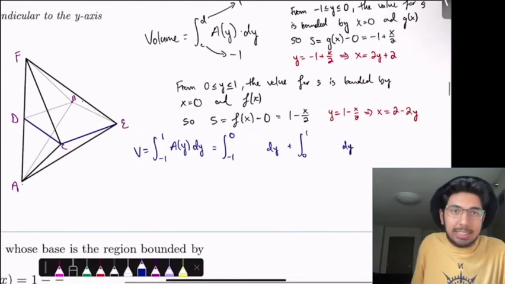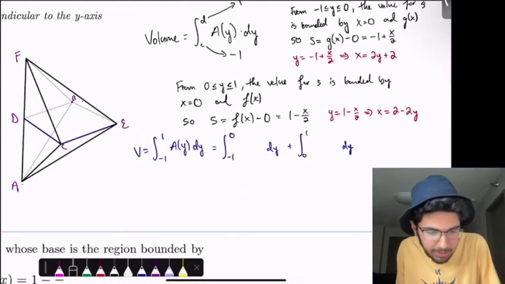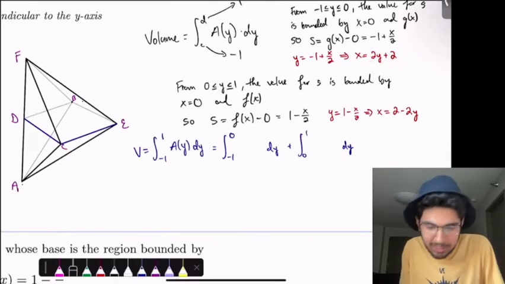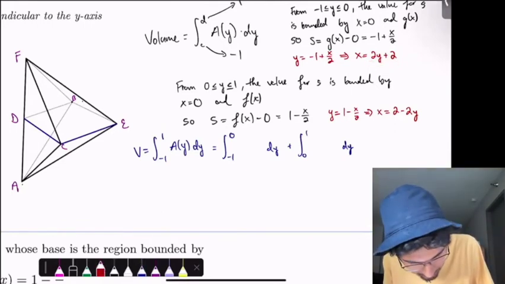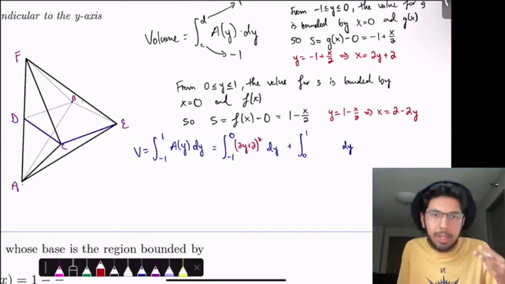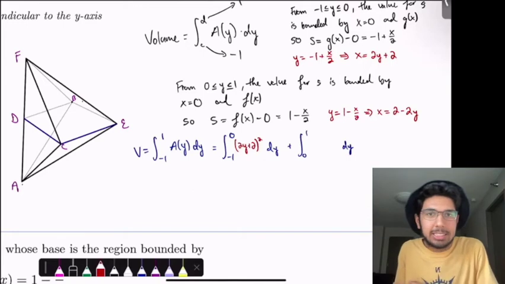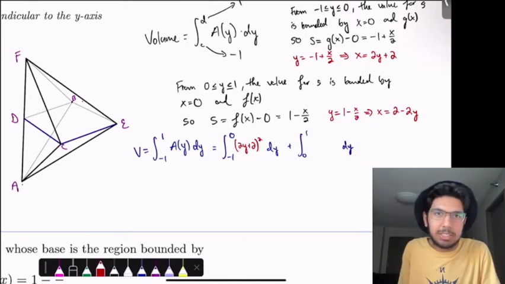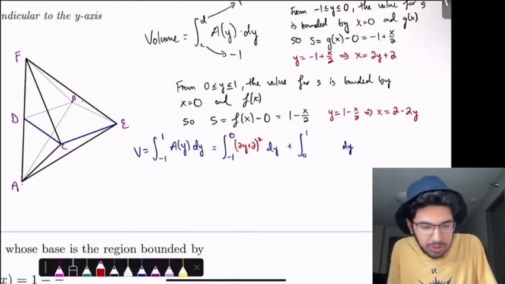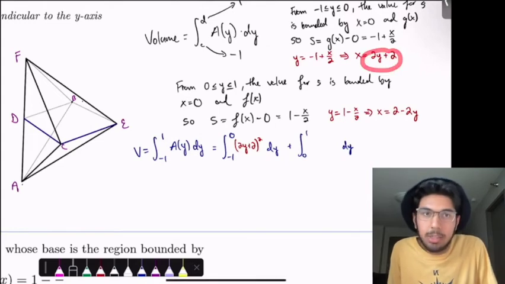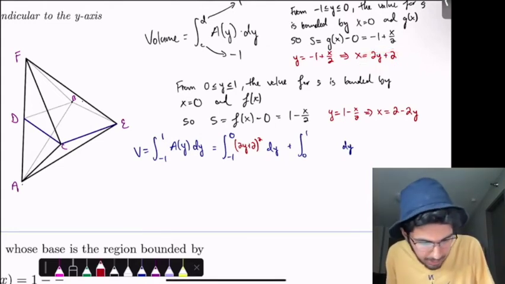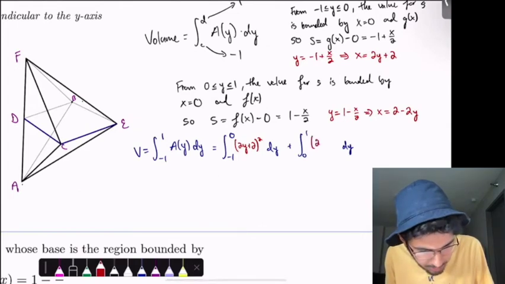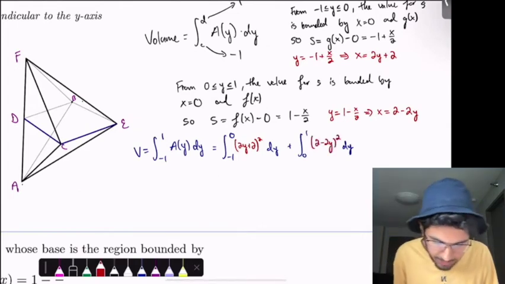Well, we have the side lengths in terms of y, right? This is the side length for the first one, so we're going to square that. The area in terms of y at some point in between y equals negative 1 and 0 is going to be equal to the side length, 2y plus 2, squared. And same thing for the other part, 2 minus 2y squared.